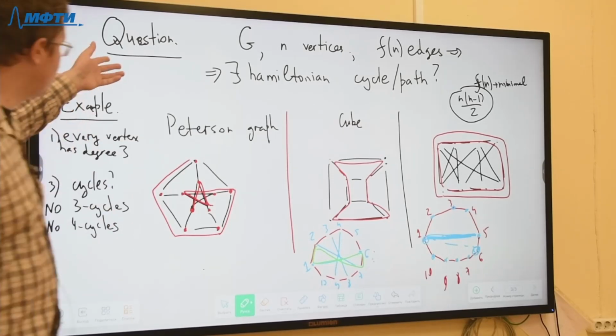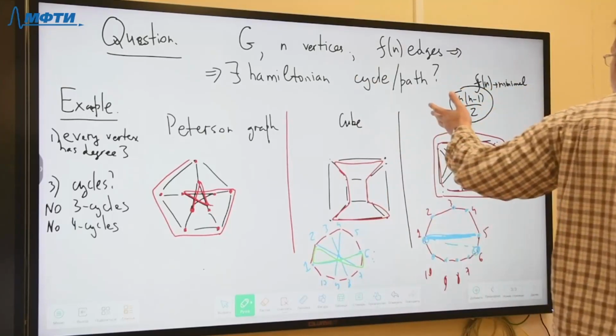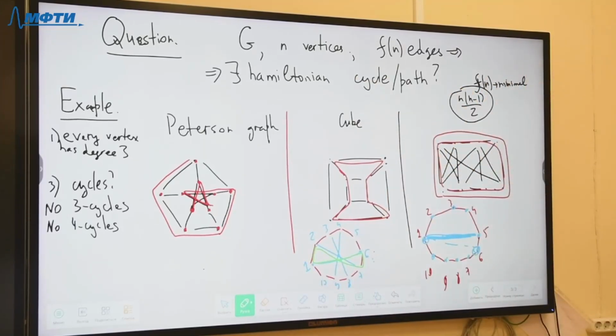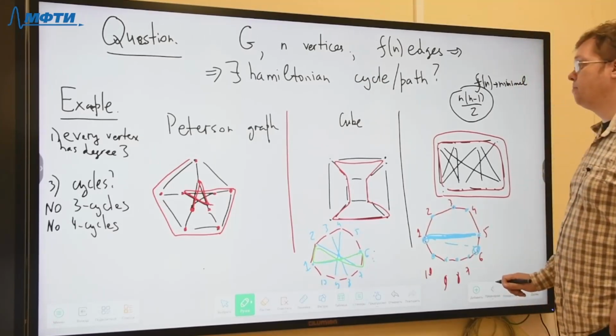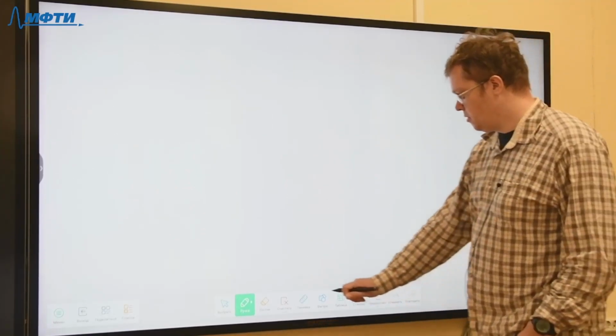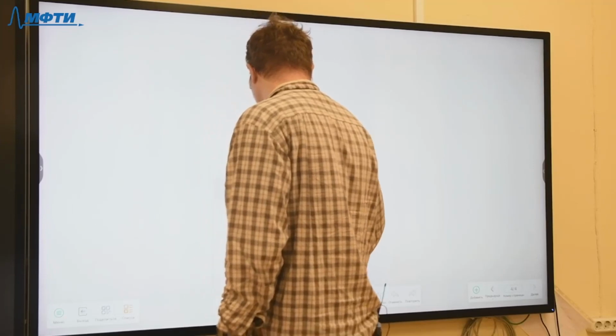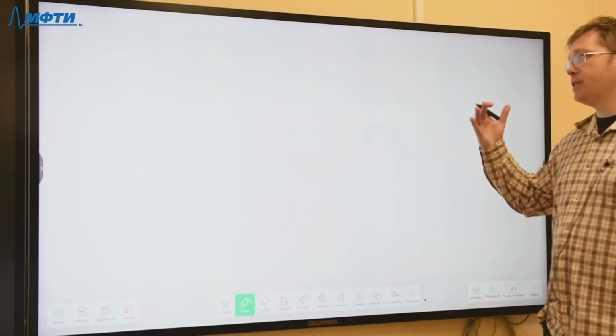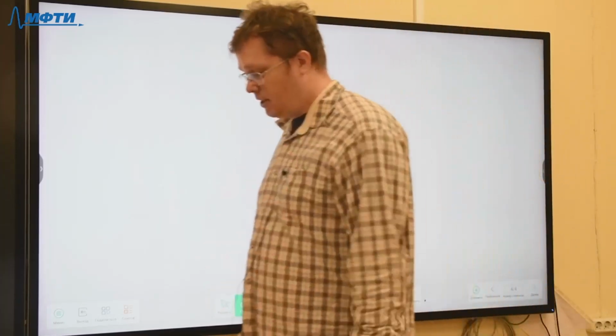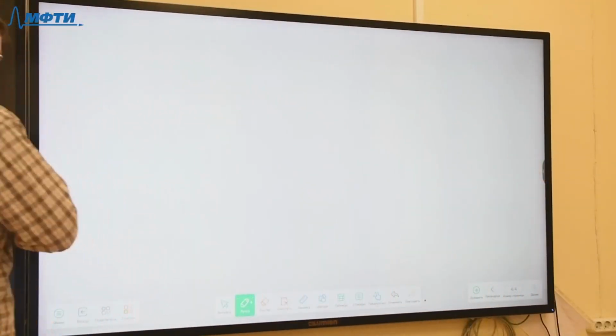But if we return to our question, for example, can we say how many minimal edges we need to be guaranteed that we have a Hamiltonian cycle? Okay, so if we return to this question, can you provide an example with as many edges as we can imagine, but we have no Hamiltonian cycle?